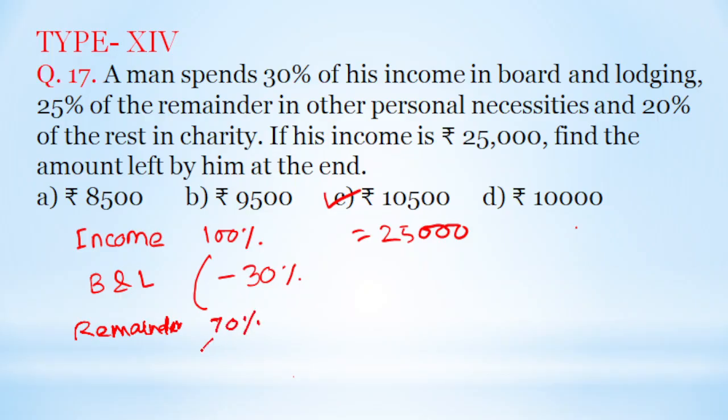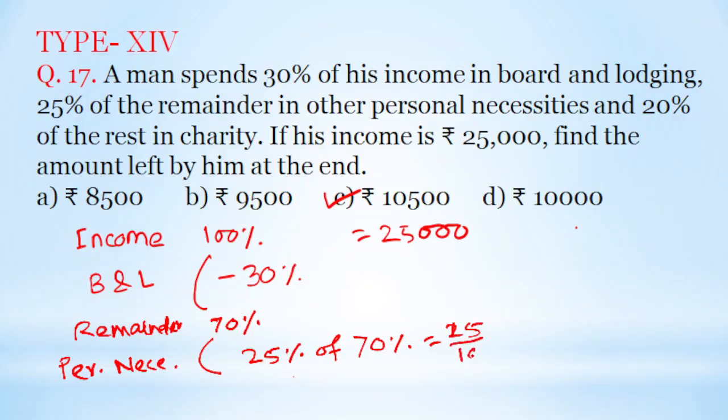Now again that man spends 25% of the remainder on personal necessities. What is that? 25% of 70%. So that is equal to 25 by 100 into 70%.